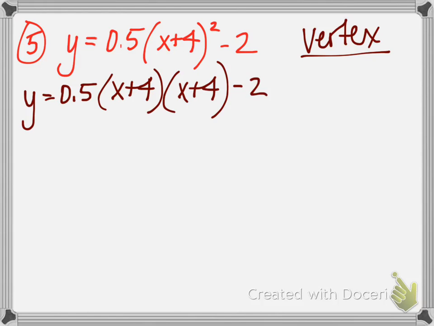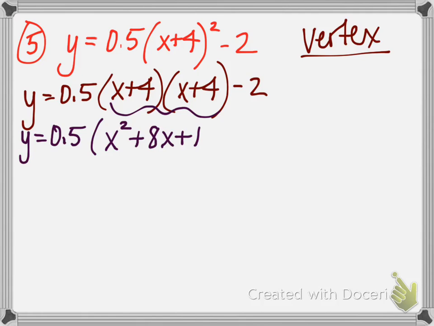There, minus 2. Put these guys together. So y equals 0.5. I'm just going to put it together. So this will be x squared plus 8x plus 16 minus 2. I skipped a step, but that's just multiplying that out. Multiply by your 0.5.